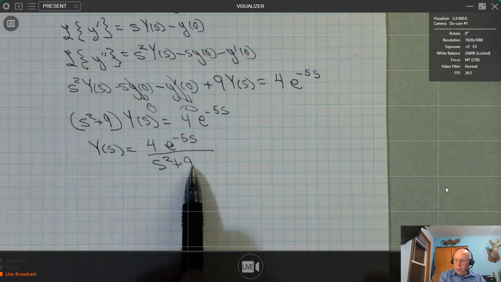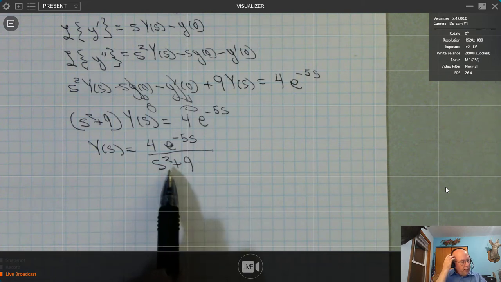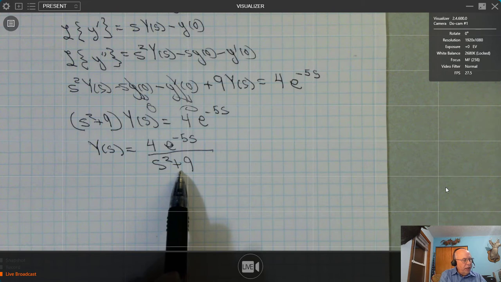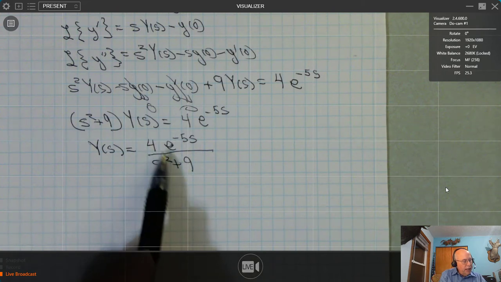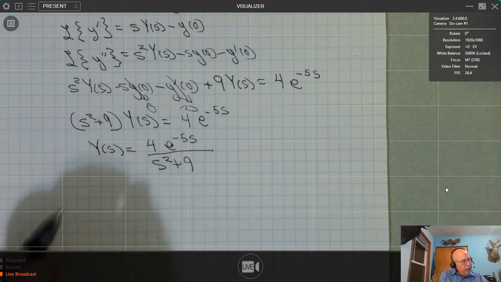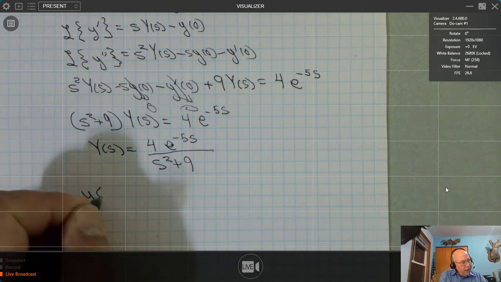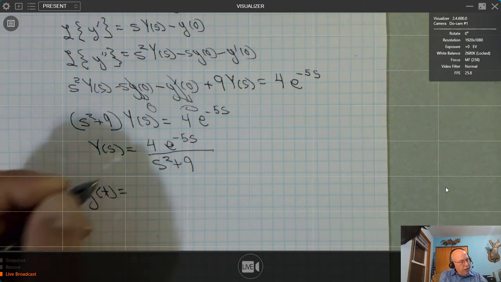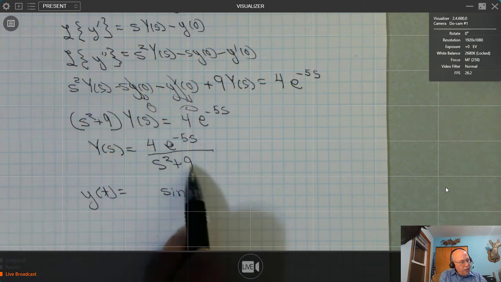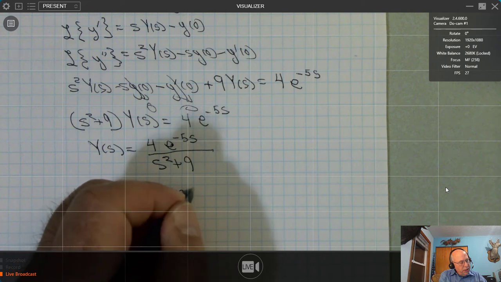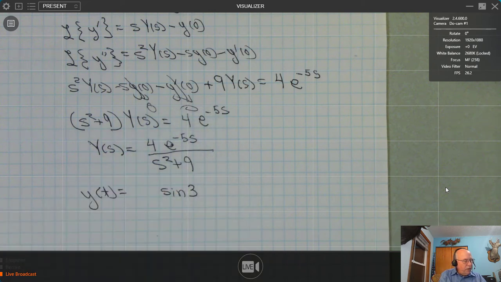That s squared plus 9 is going to go back on the t-axis to either a sine or a cosine. Since I have a constant here rather than an s, this is going to go back to a sine. So y of t is going to involve a sine. And that is 3 squared, so it's going to involve sine of 3t or some such thing.